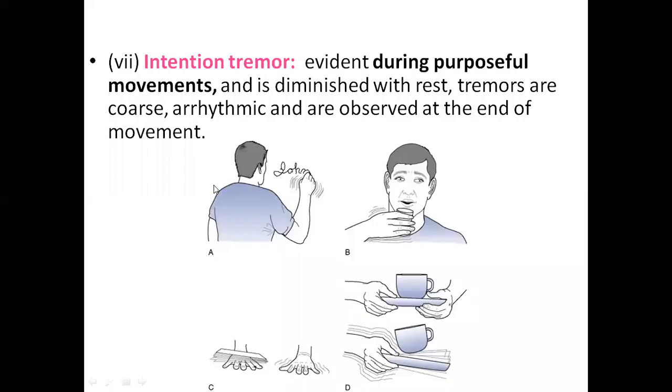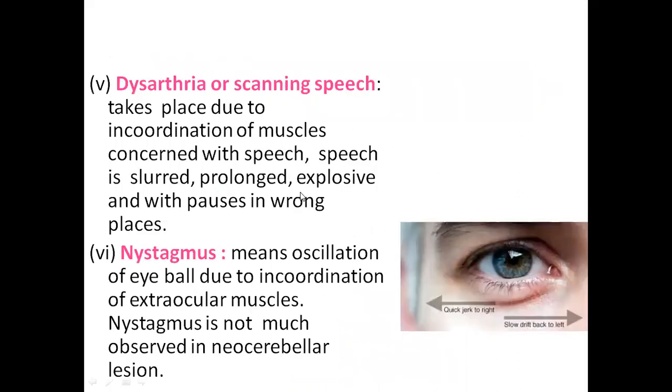Here, a few pictures you can see to show intention tremors. He is shivering when he is trying to write something, isn't it? These are all intention tremor images. I also mentioned scanning speech. Nystagmus is to and fro movements of the eyeball, as I said.